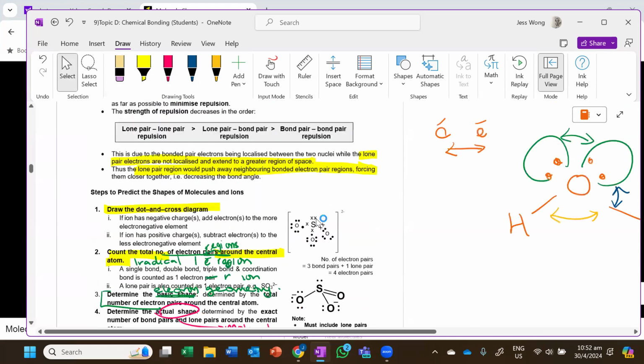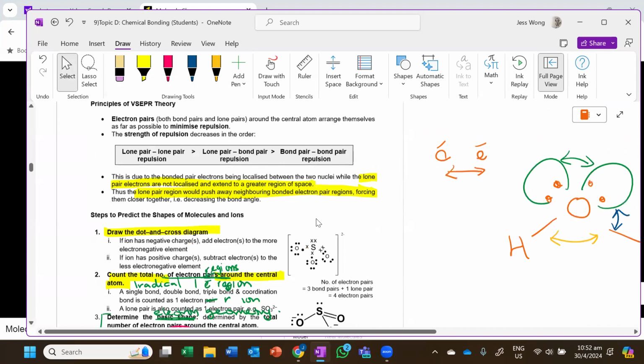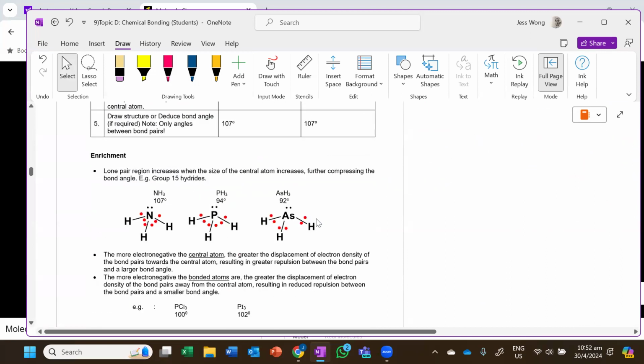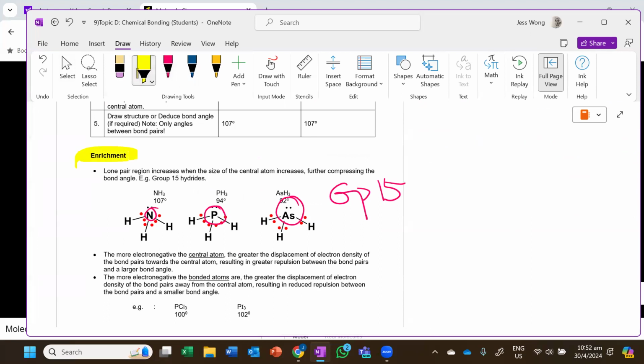All right. Okay. So now we are going back to this part here a little bit. Now it's a little bit of enrichment. These are all group 15. We have nitrogen tiny, phosphorus bigger, arsenic even bigger. What we are seeing in this enrichment example is that when the size of the central atom increases, the amount of space the lone pair occupies also becomes bigger.